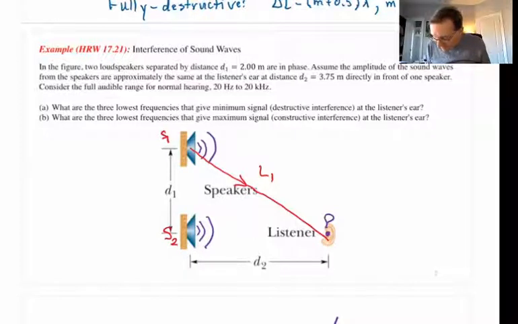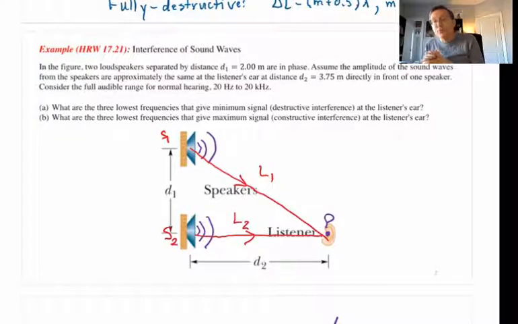And the straight line distance from that to the listener straight across, L2. So we're setting ourselves up there with our listener, our detector, our ear, to detect interference of those two sound waves. Because there's a path length difference that they travel. L1 and L2 are different.